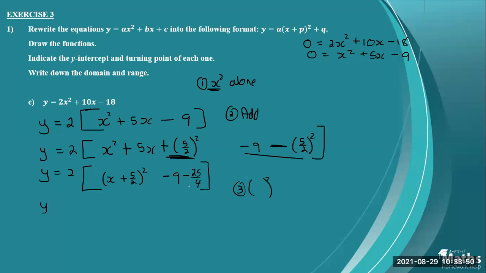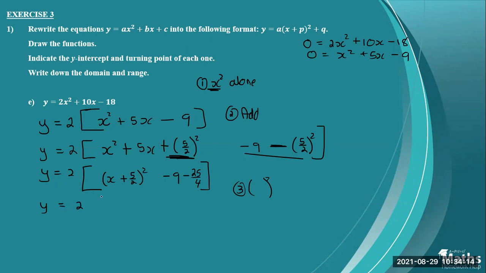So let's quickly work that out. Minus 9 and, oh dear, my calculator's in the wrong mode. So it's negative 9 you type in, and then you type in minus fraction 25 over 4. Okay, so let's first do that.